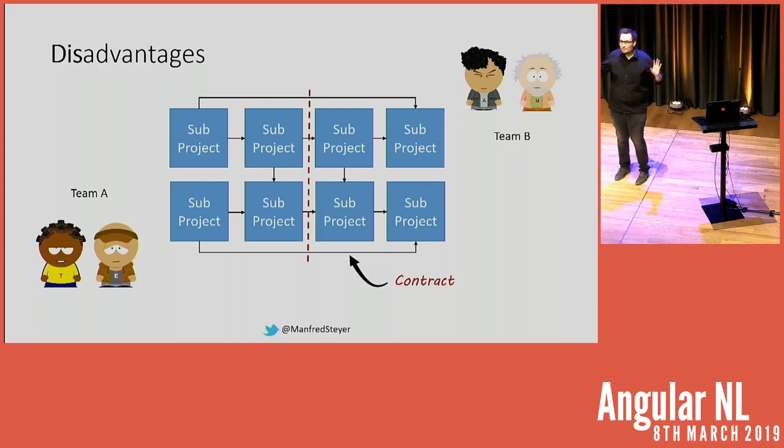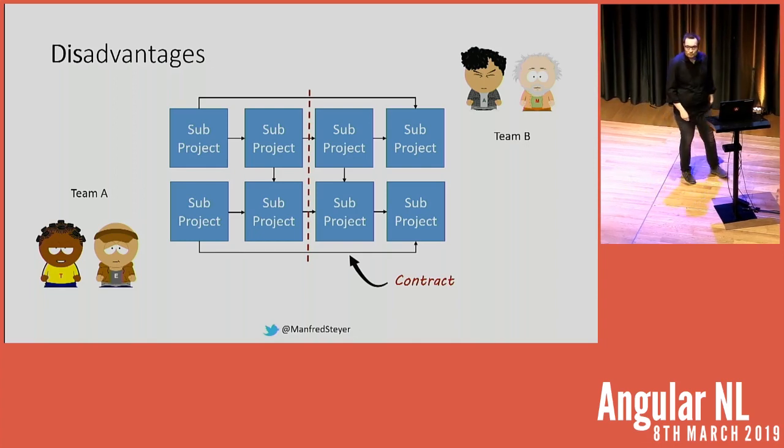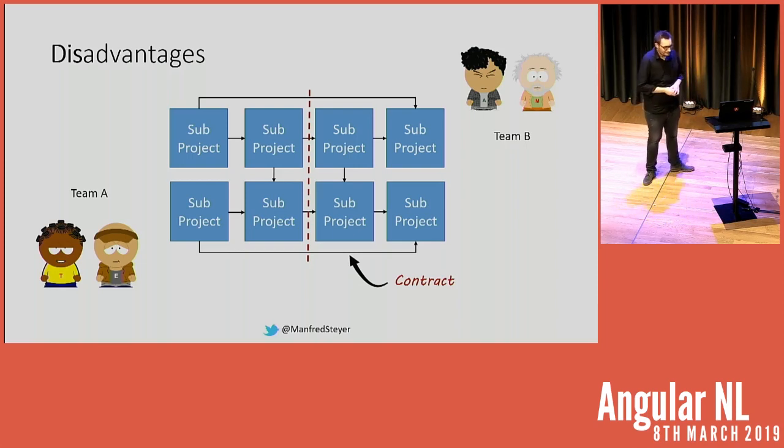But this also means that one team can block the other team. And this is also something that takes out a lot of agility. You want to prevent those situations where one team blocks the other team or where you end up in a lot of politically motivated discussions.